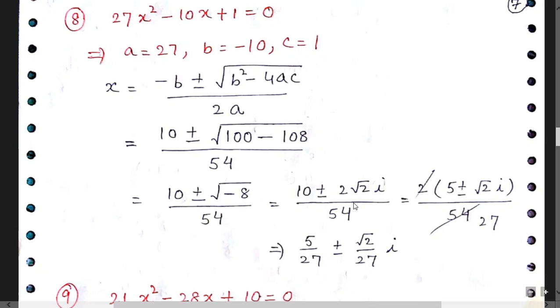Minus 8 can be written as 2 into square root 2 i. And taking 5 common, in the numerator 5 plus minus square root 2 i, divided by 54. Then 2 into 27, it's 54. And split, 5 divided by 27, plus minus square root 2 divided by 27 into i.